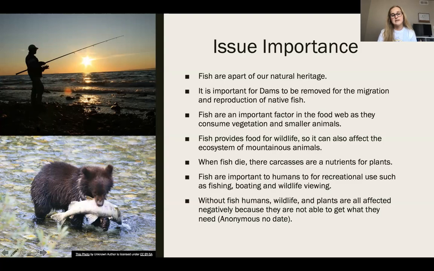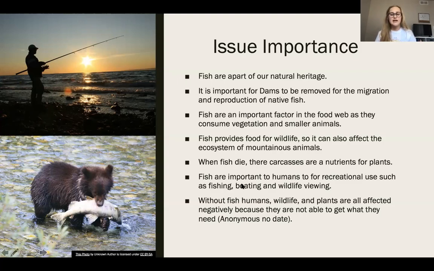What I meant by that is, as you can tell by this picture over here, bears rely on fish a lot for their diet. If there were no fish, more than just bears would be affected. The whole wildlife would be affected, which would then reflect on humans.